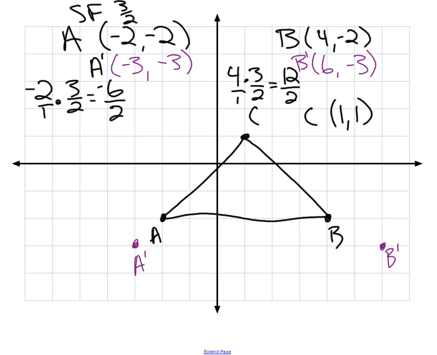So C prime would just be 3/2, or 1.5. So we go to the right 1.5, we go up 1.5, and we end up right in the middle of that square. C prime. So we can connect these.